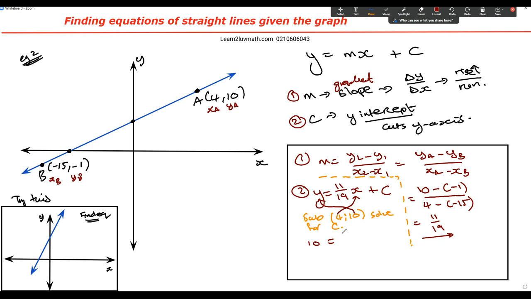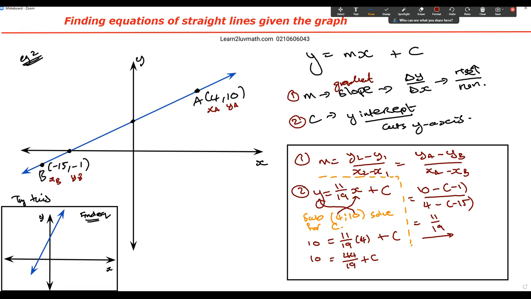I got 10 equals 11 over 19 multiplying by 4 plus c. And this becomes 10 equals 44 over 19 plus c. What I want to do now is take 10 and subtract 44 over 19.